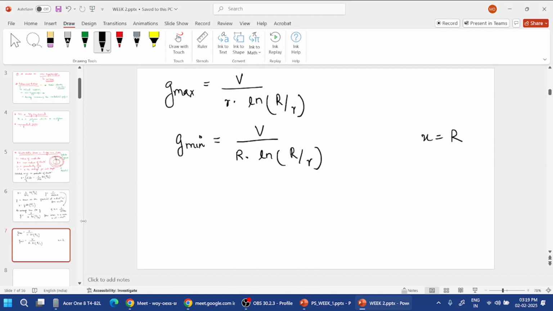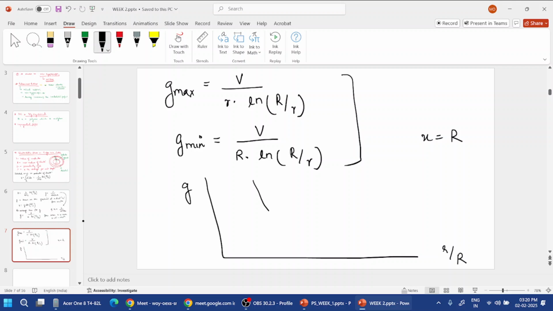So these are the equations. And if we plot this diagram of G, if we plot this G with r by capital R, the graph will vary like this.